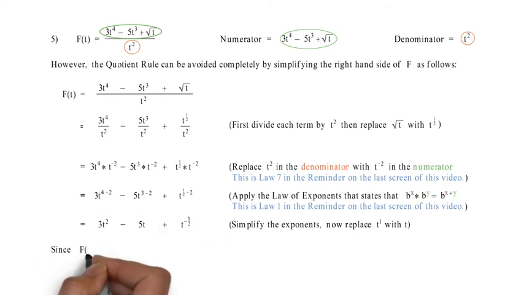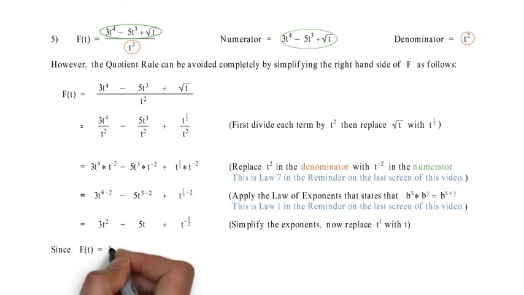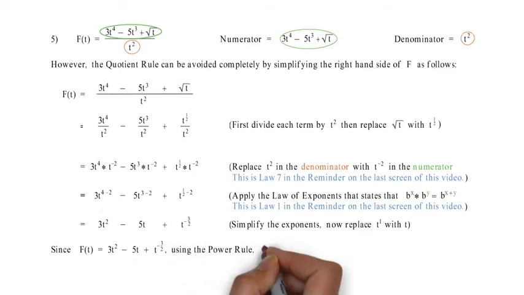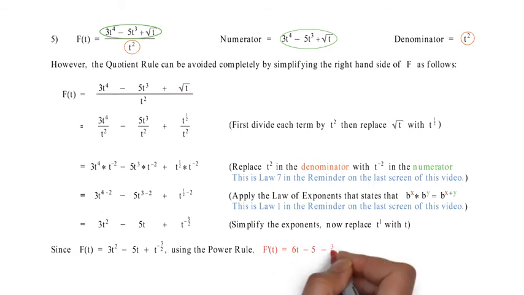Since f of t equals 3t squared minus 5t plus t to the minus 3 over 2, using the power rule, f dash t equals 6t minus 5 minus 3 over 2 times t to the minus 5 over 2.